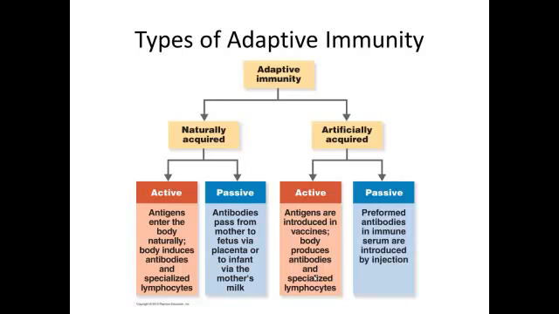Now, artificially acquired passive is where we take antibodies from another person. Actually, we don't do that anymore. We get them from another creature and put them into you. The most common time when this happens is, say I'm working in a hospital and I get a needle stick.